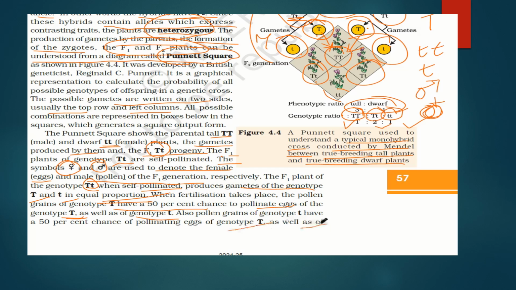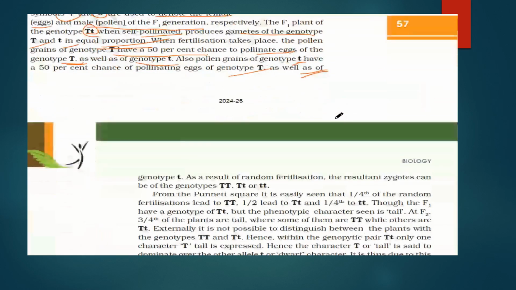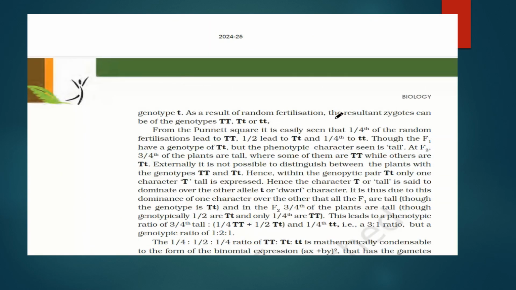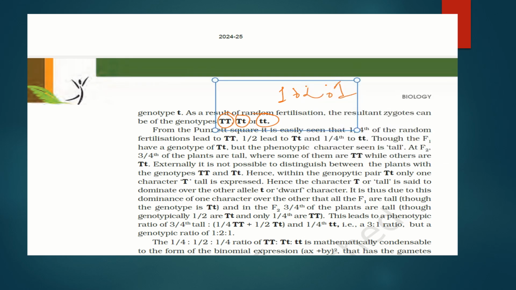So they all have 50% chances of pollinating the eggs, right? As a result of random fertilization, the resultant zygotes TT, Tt and tt are formed. We have seen in the F2 generation that their genotype ratio is 1:2:1. That is the genotype ratio which we have seen in the second filial generation.